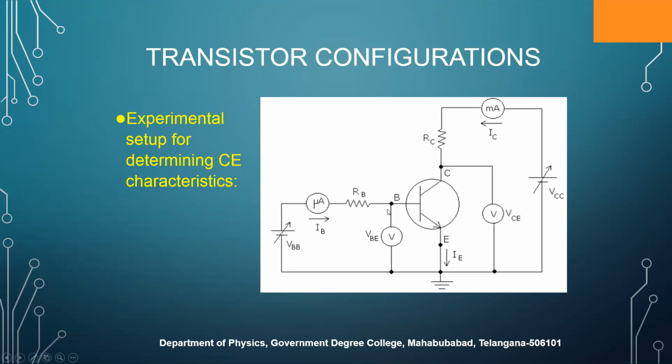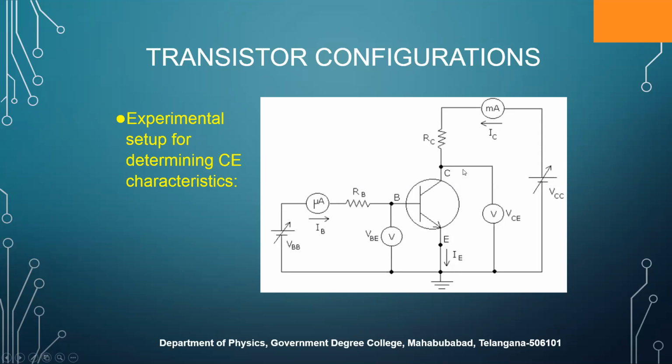And here we have connected a voltmeter, and we call the voltage measured by that voltmeter VBE. Here we have connected one ammeter, that is a microammeter. The current measured by this ammeter is called IB.